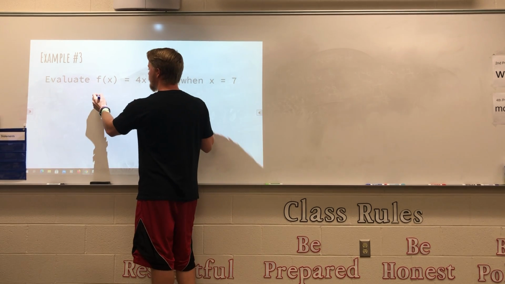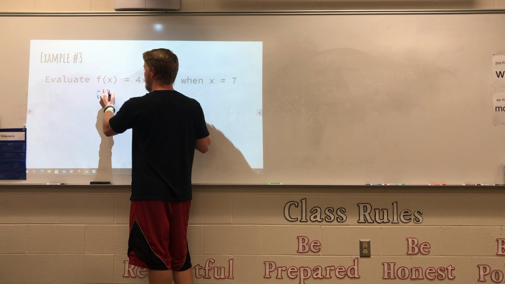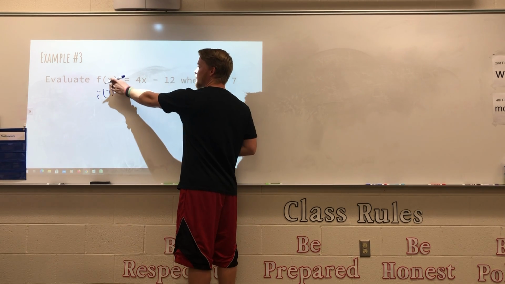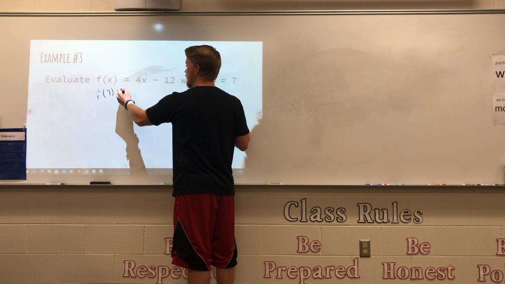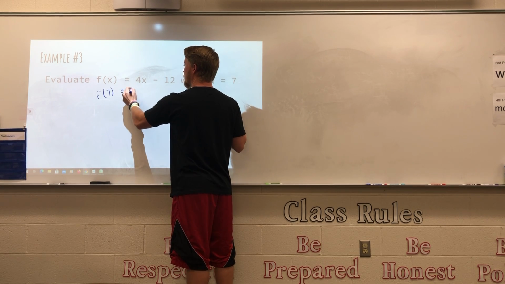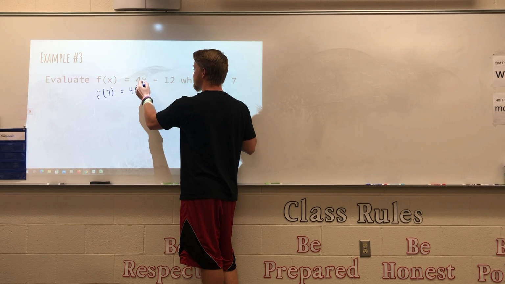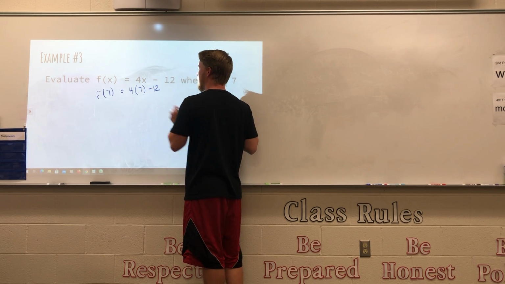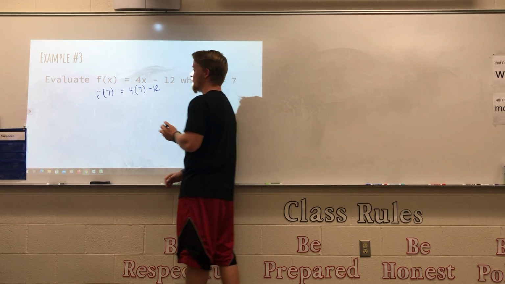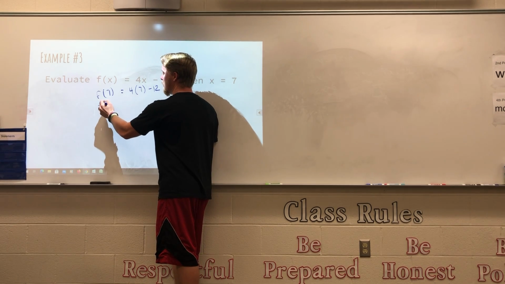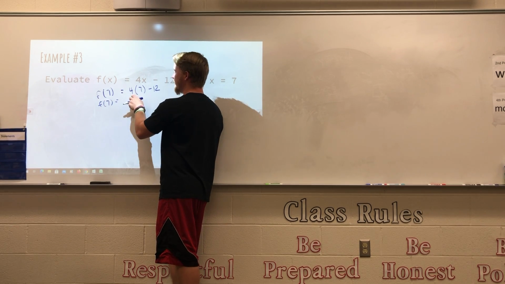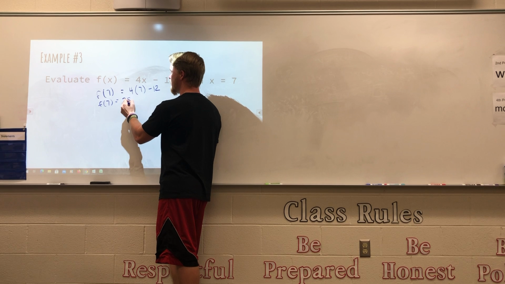So what this will look like would be f of 7, because we're wanting to evaluate x when it's 7, equals 4 times 7, because that's what's being plugged in place of x, minus 12. And then we're just doing simple math from there. So f of 7 equals 4 times 7 is 28.